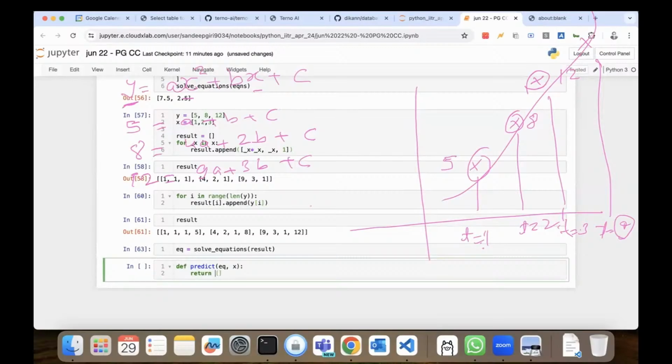Whatever is the equation that I have here, essentially whatever is the equation here. So I'm saying 0 times x times x.